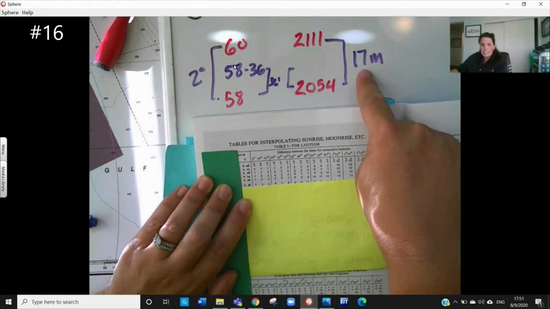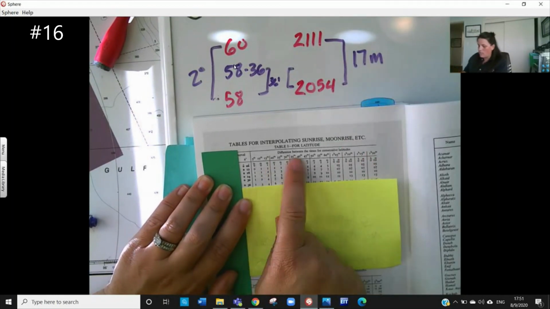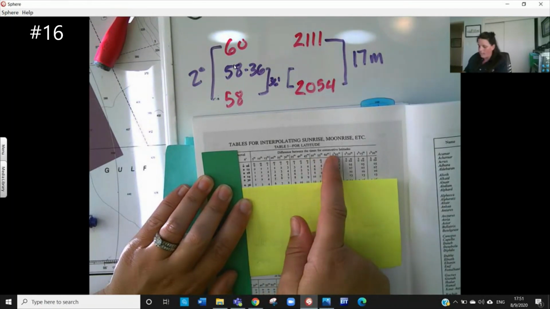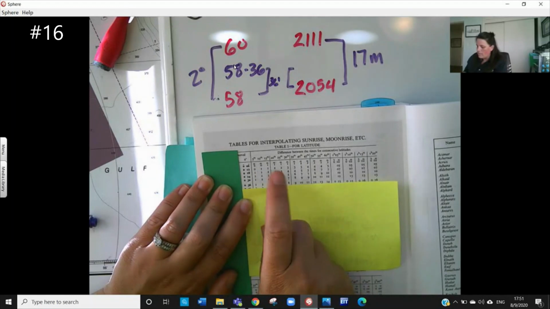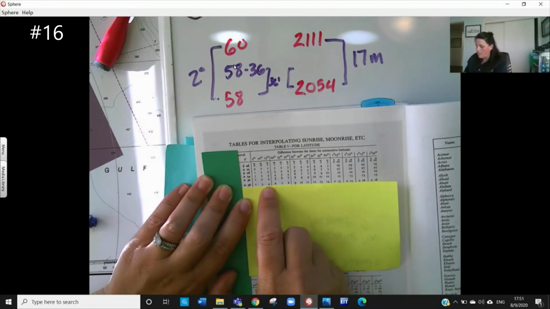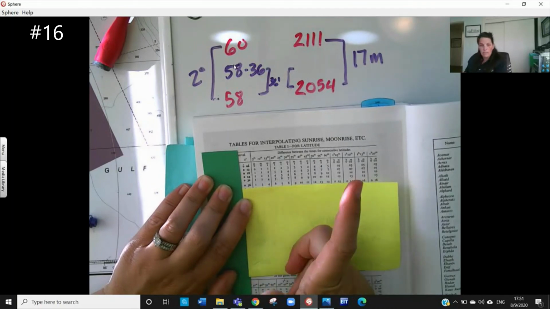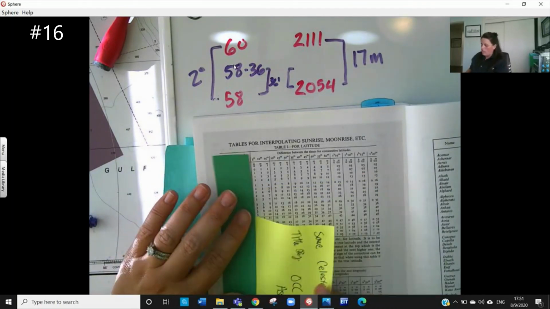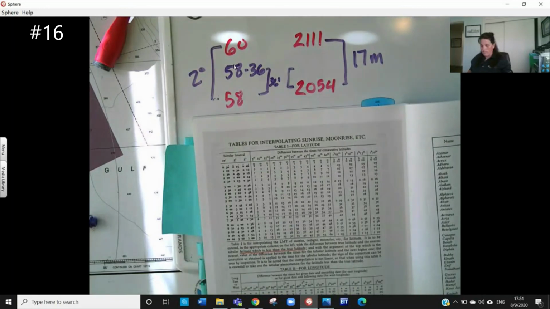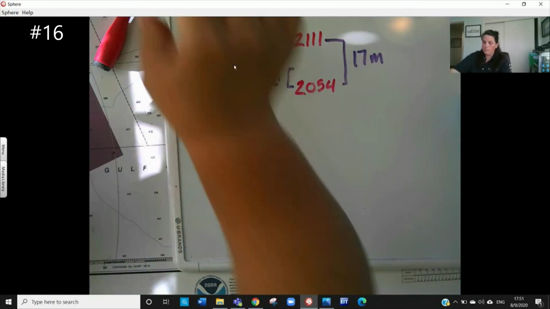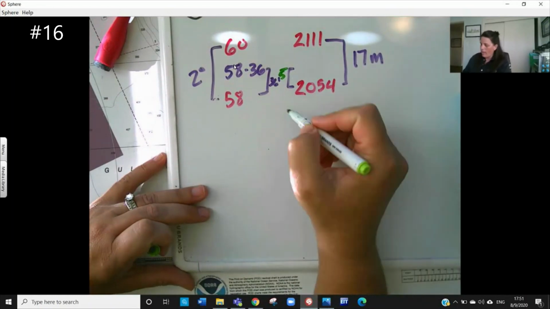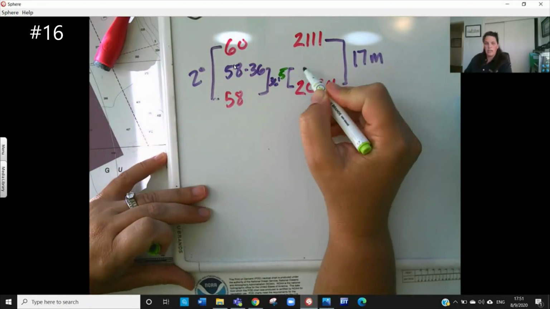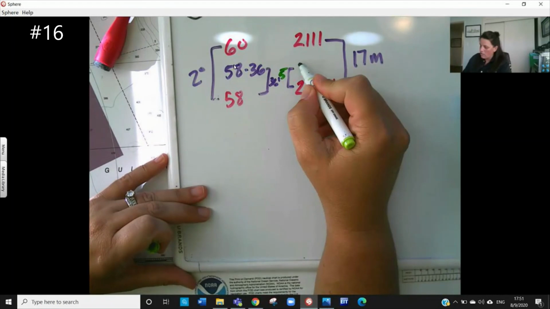We have 17 minutes as our difference between time for consecutive latitudes, so we are right in between the 15 and the 20. I might just call it 5 minutes. We'll call this 5, and we would be adding, so that would make our sunset 20:59.